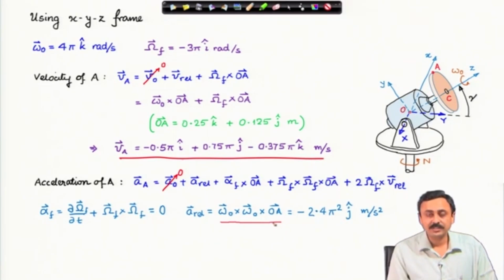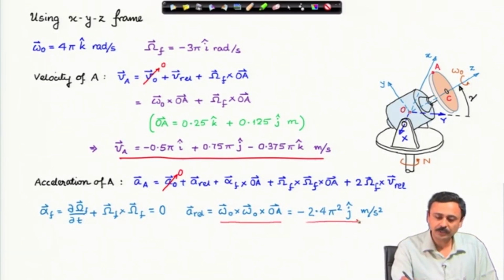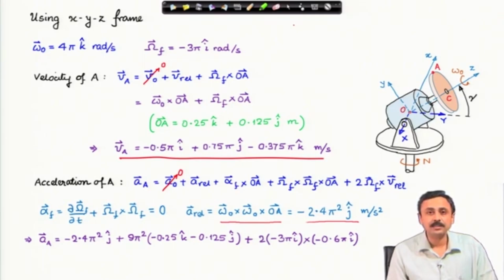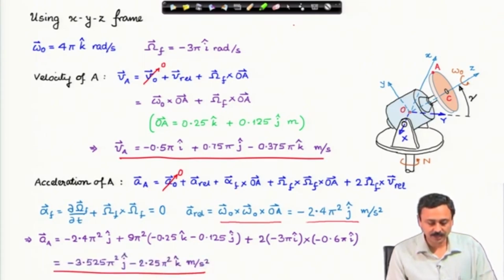Therefore, only the centripetal term exists for A rel, and that turns out to be like this. If you plug in all these expressions in the acceleration of point A, finally we have this as the acceleration of point A in meters per second square. These things you can check.